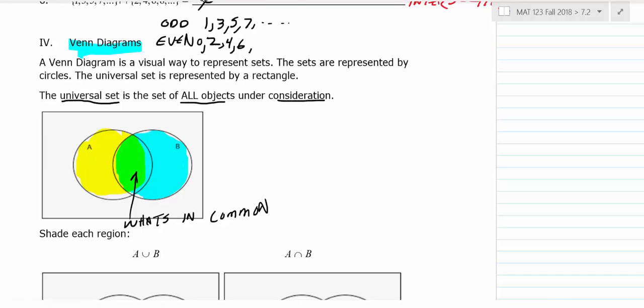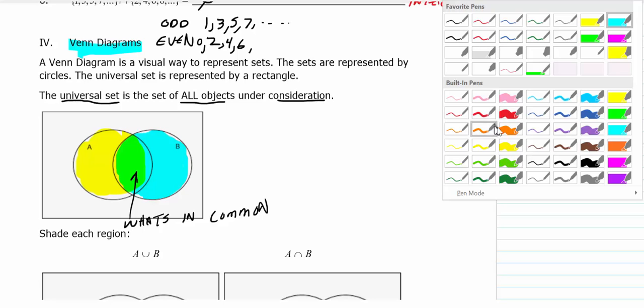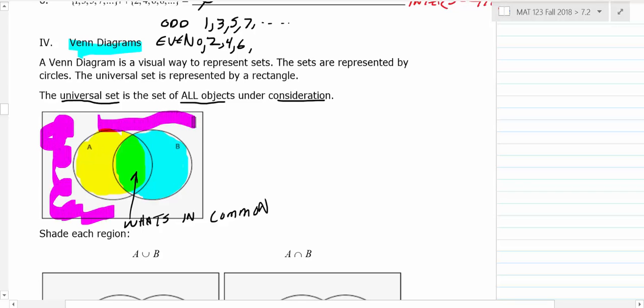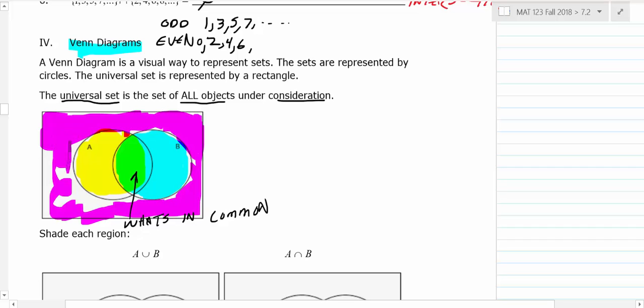And then all of this stuff outside of that, let me see if I have another color here. I guess I got purple. So everything that's outside of that, all this area right here, would be outside of the sets. Everything I'm highlighting in this purple color is outside of the sets.